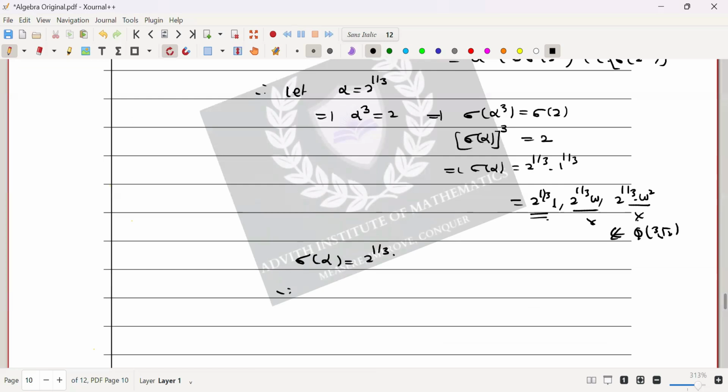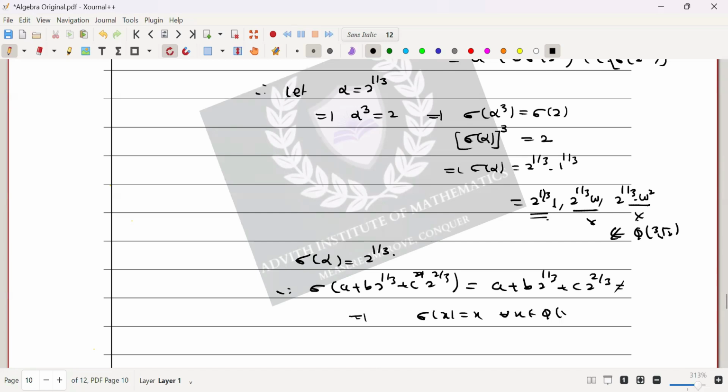So sigma of a plus b into 2 power 1 by 3 plus c into 2 power 2 by 3 is equal to a plus b into 2 power 1 by 3 plus c into 2 power 2 by 3, which is nothing but the identity transformation. So sigma of x equals x for every x belonging to Q of cubic root of 2.